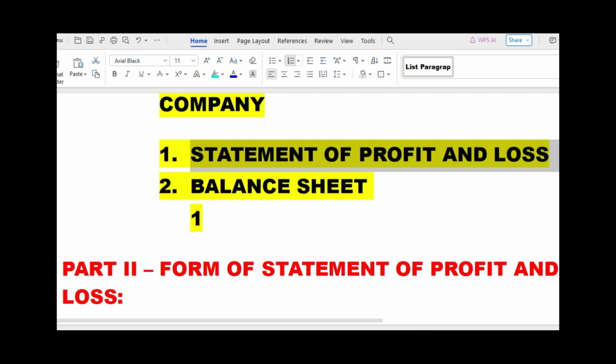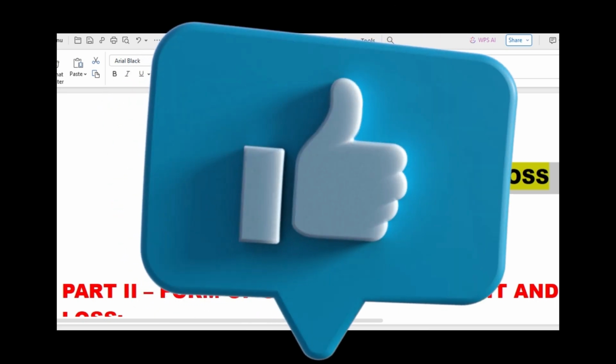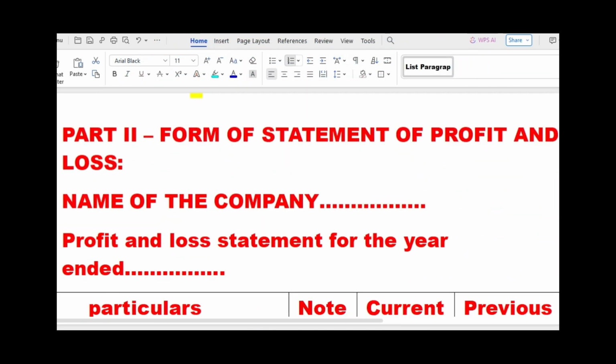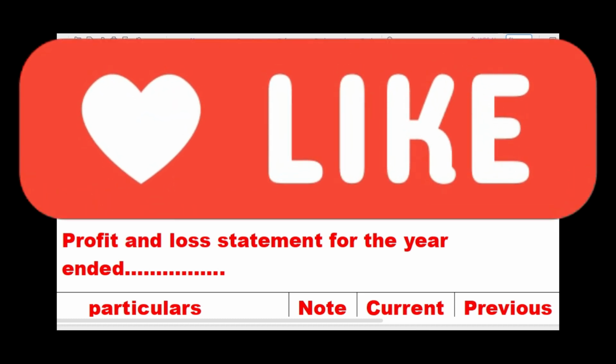Now I am taking the second question, that is, name the two basic financial statements of a company. So these are the two basic financial statements: the statement of profit and loss and the balance sheet. Okay, and for the statement of profit and loss, I am showing you the format. This is the format from Part 2, Schedule 3, form of statement of profit and loss.